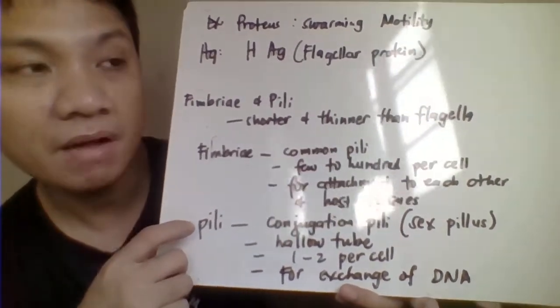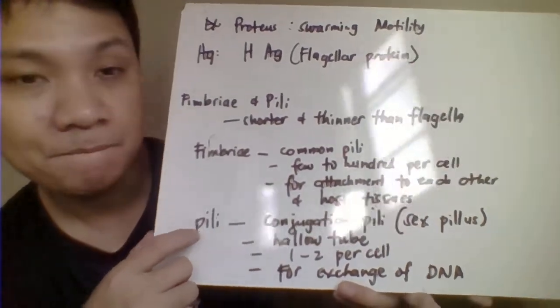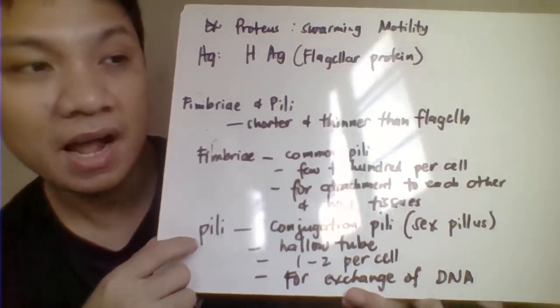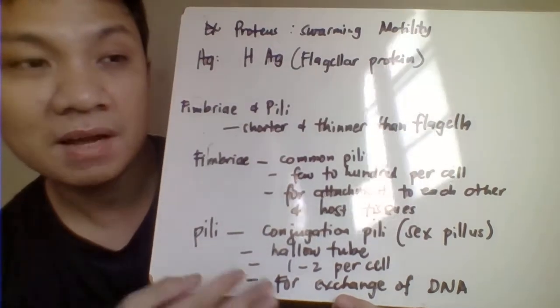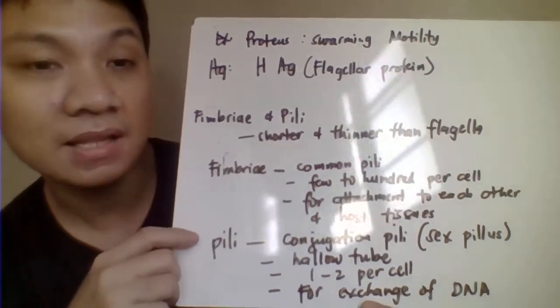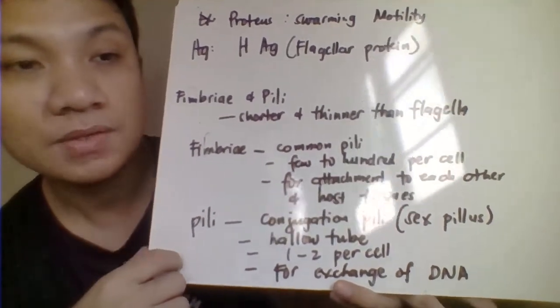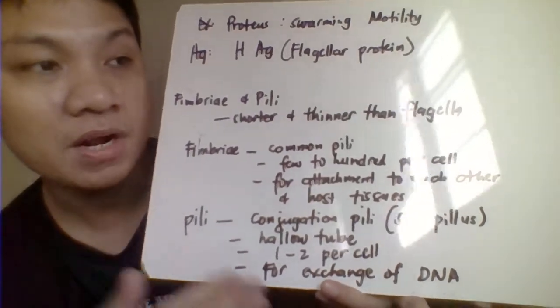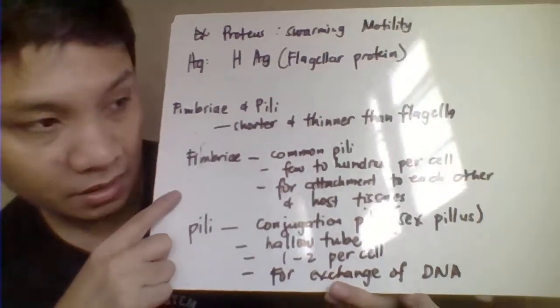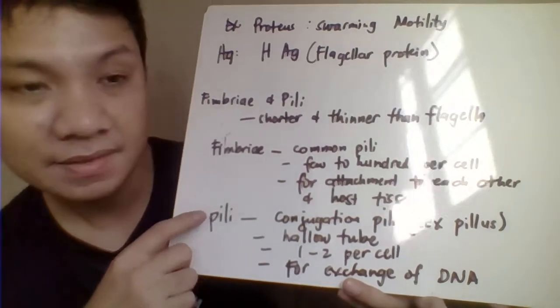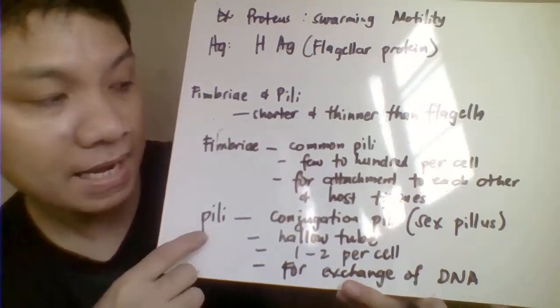Other appendages we have are the fimbriae and the pili. The pili and the fimbriae are also extensions, but they are not the same as the flagella. They are shorter and much thinner compared to your flagella. The fimbriae are another name for the common pili.